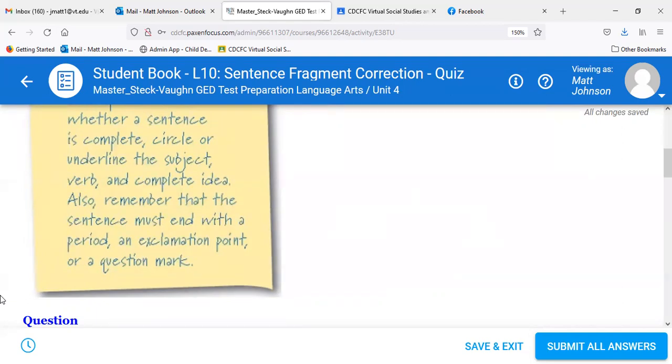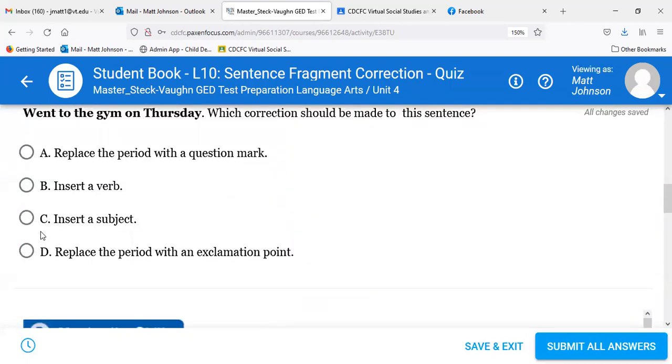We talked about subject-verb agreement last week. Sentence fragments will sound weird on their own because you'll be missing something. If you realize you're missing something, see if you can identify the subject, the verb, and the rest of the sentence in order to make that a complete thought. And of course, the punctuation.